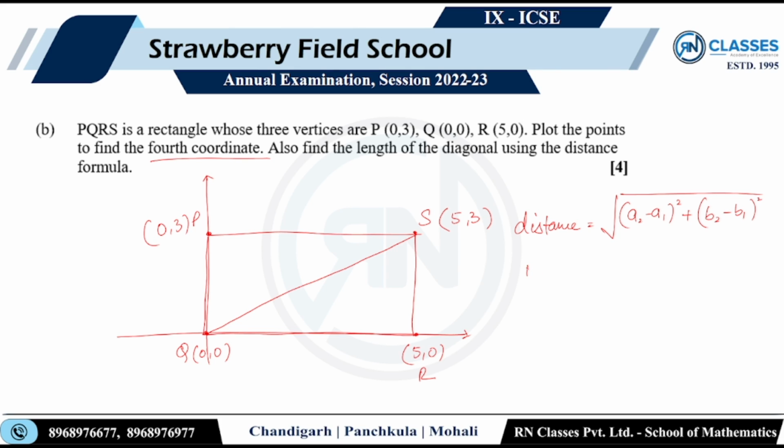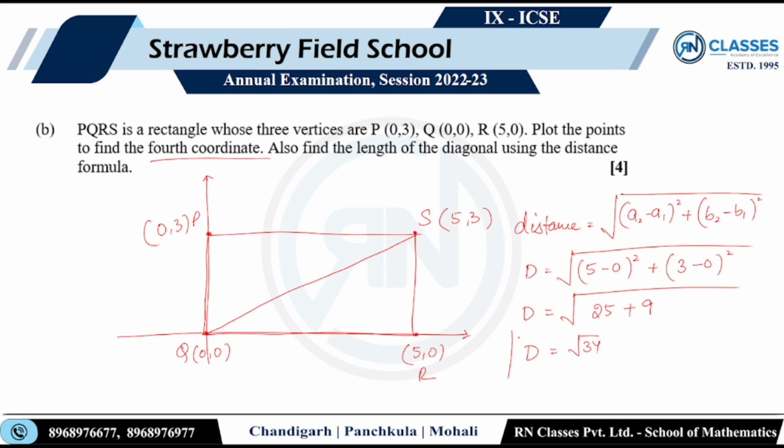So distance D is equal to under root of A2 5, A1 0 square plus B2 3, B1 0 square. D is equal to under root of 5 ka square, that is 25, 3 ka square, that is 9. So distance is under root of 34. That's it. Now 4 marks are yours.